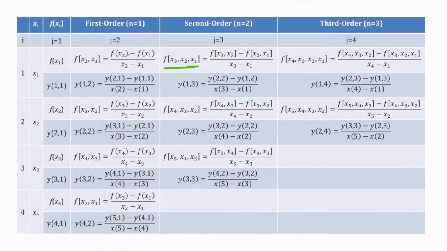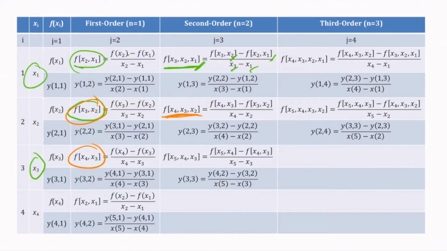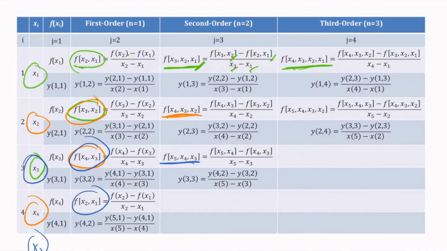Now, if you go to the second order, this one we obtain from this one and this one. Of course, we also need this and this, x3 minus x1. To get this, we need this one, and we need also this and that. To get this one, we need this element here and this element here, and also x4 and x1, so we have this one and this one.